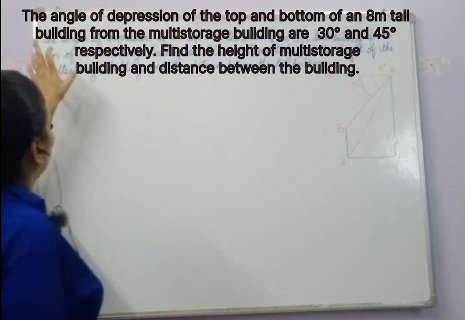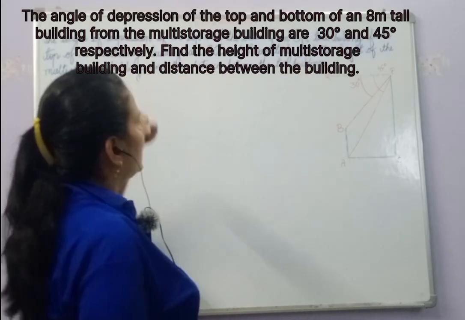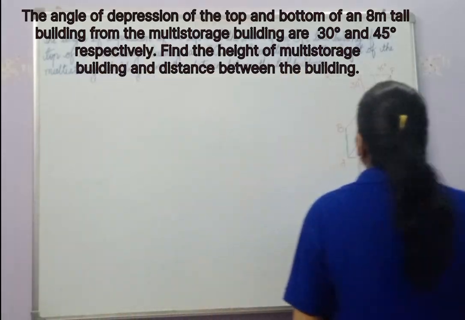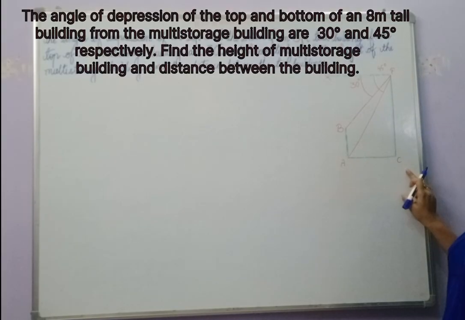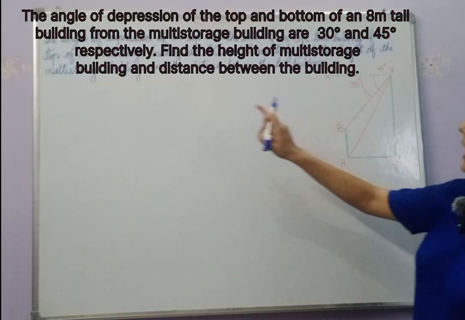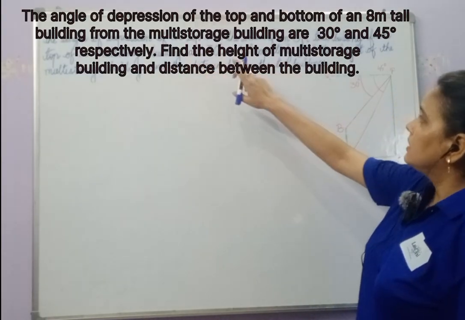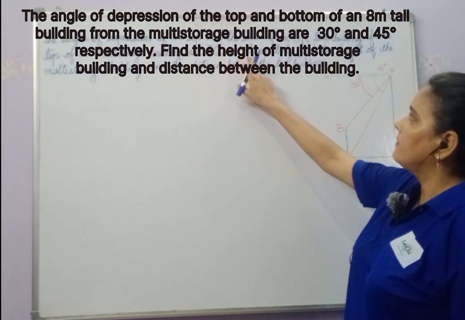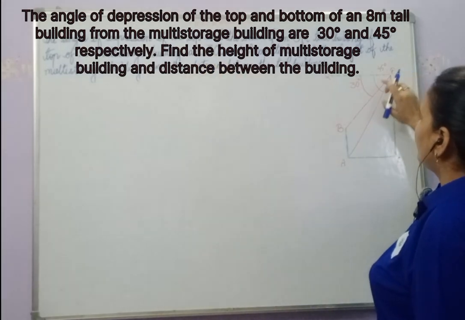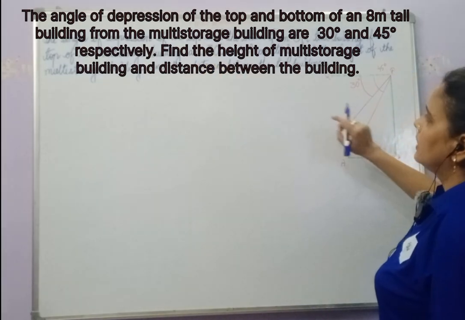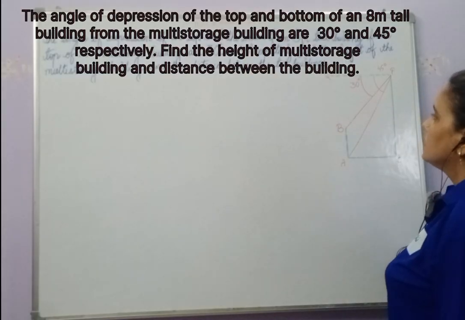So it's saying that there are two buildings, okay? One tall building and one multi-storey building. I've taken AB as the tall building and PC as the multi-storey building. The angles of depression from the multi-storey building are 30 degree and 45 degree. To the top it is making 30 degree and to the bottom it is making 45 degree.